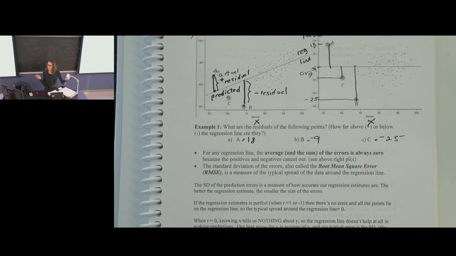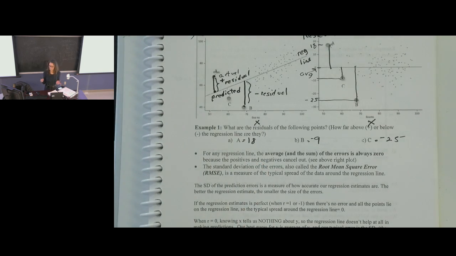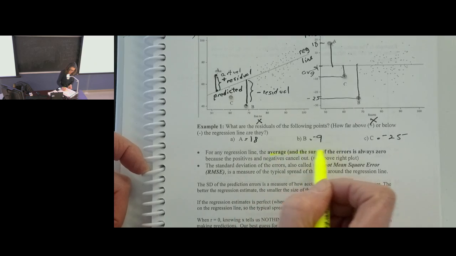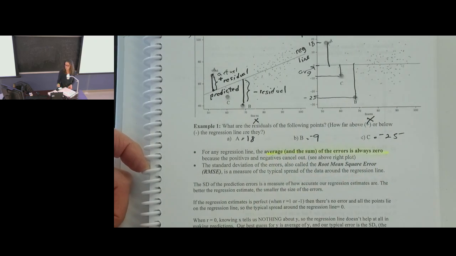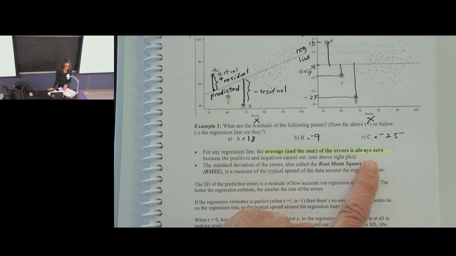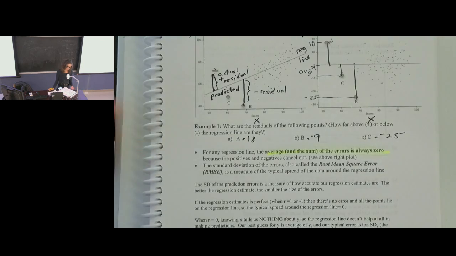Okay, as I said here, for any regression line, the average and the sum of the errors is always 0. This should sound familiar to you. It's like the deviations from the average. The average is always 0 because the negatives and the positives cancel out.